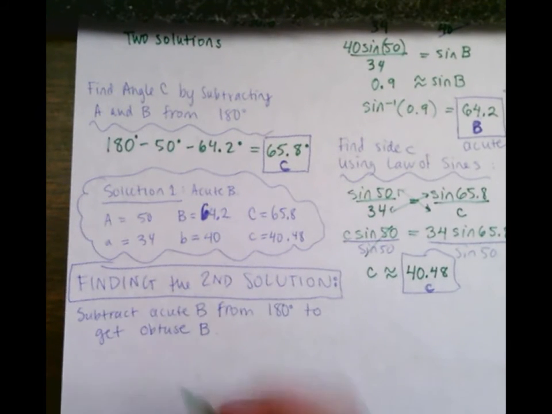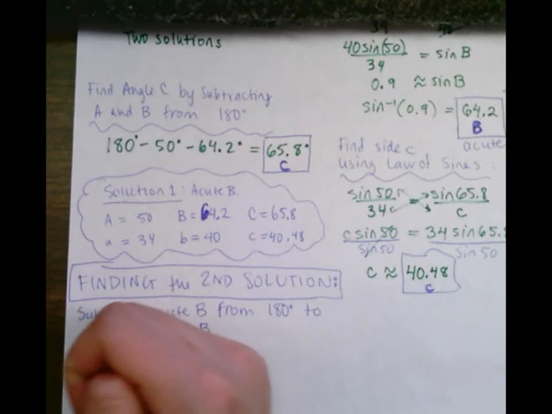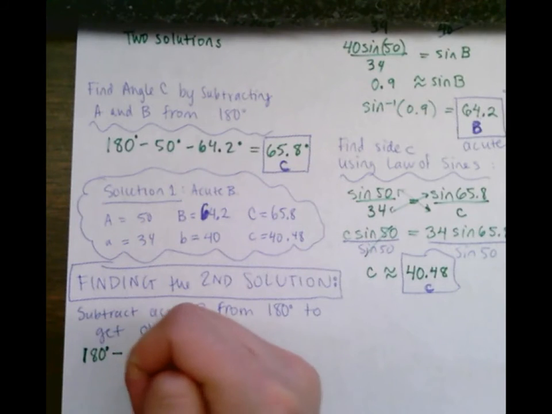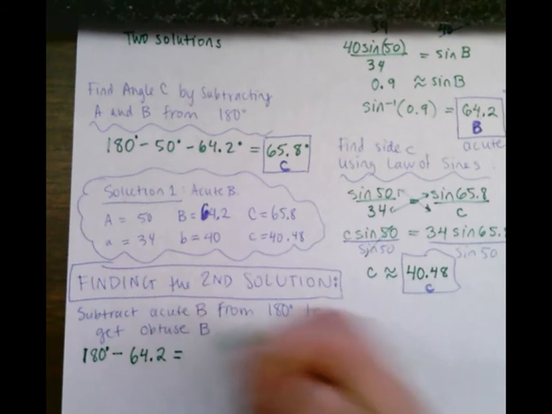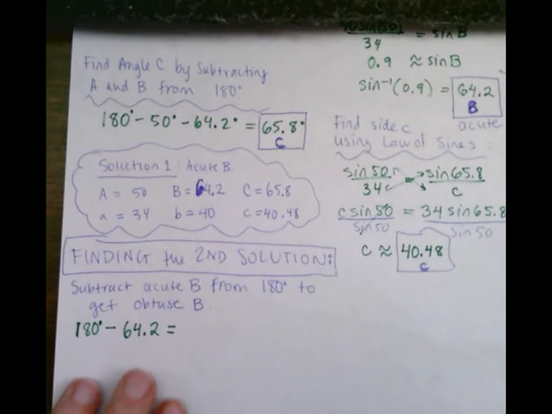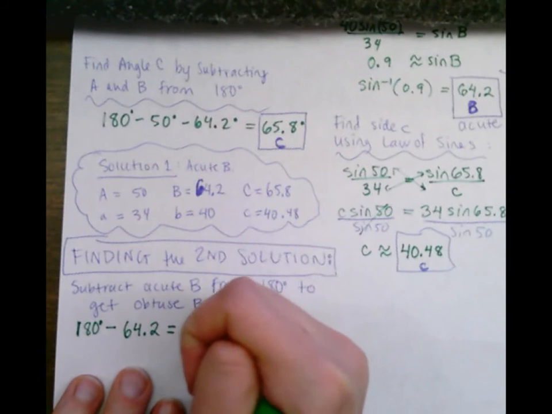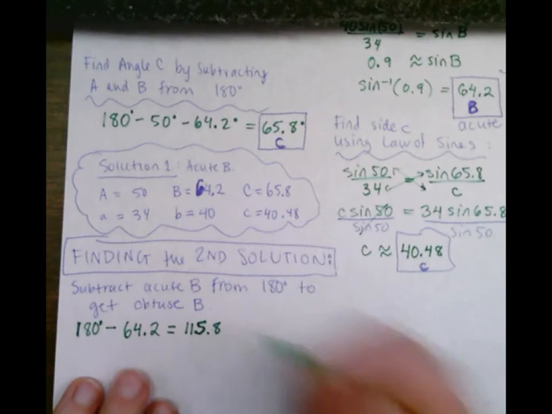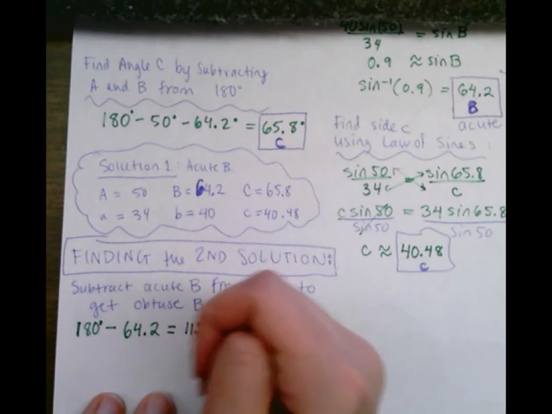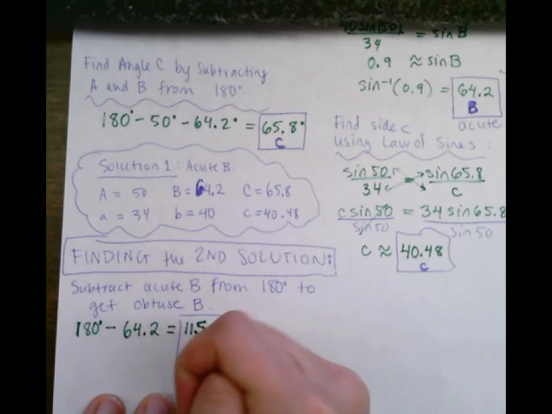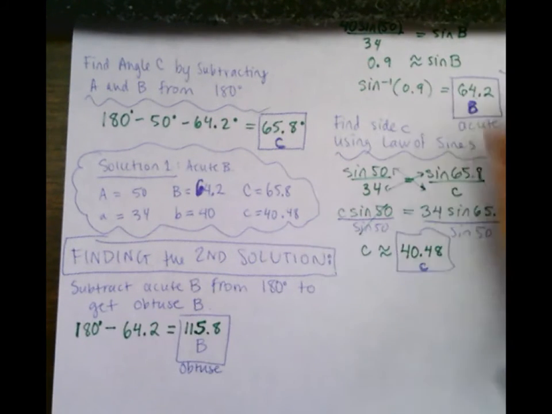So in this case, that means we're doing 180 minus 64.2, because that was the B value we got originally. I'm going to take that, and that gives me 115.8. So this right here is now the new B value for the second solution, and it's obtuse.